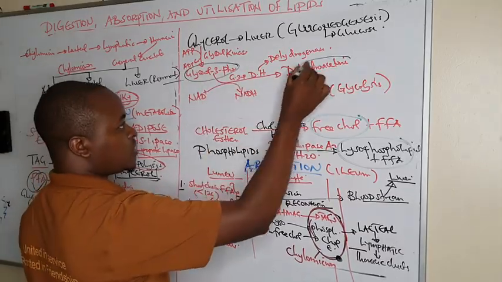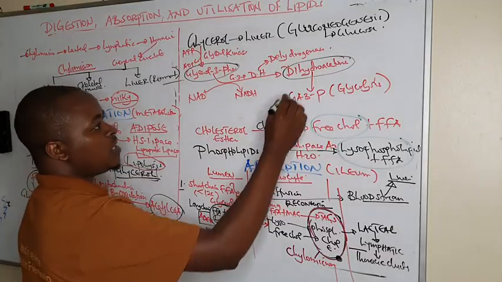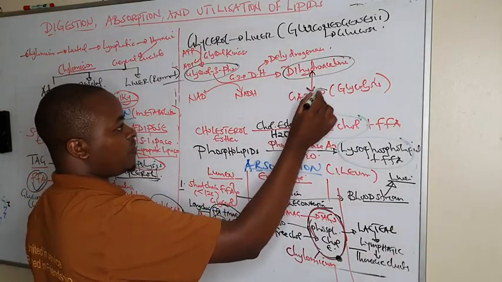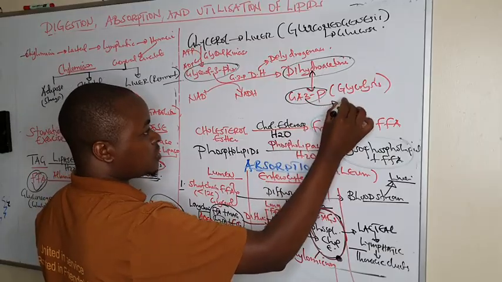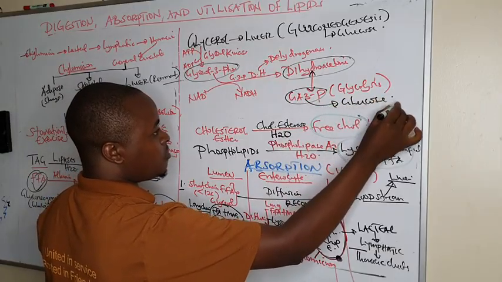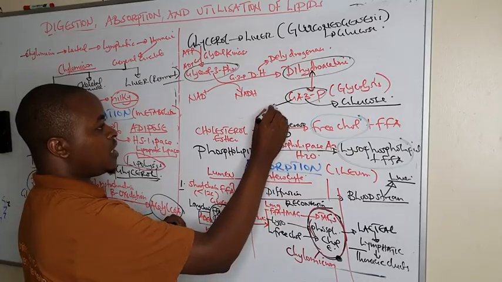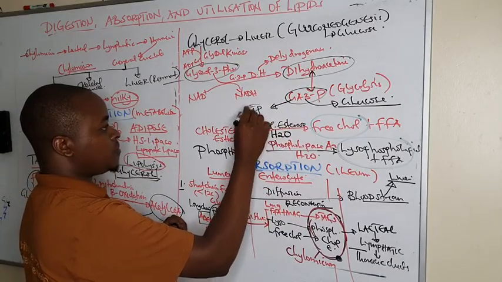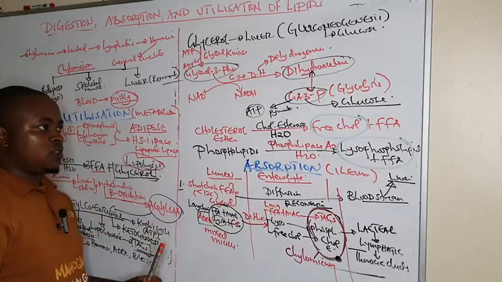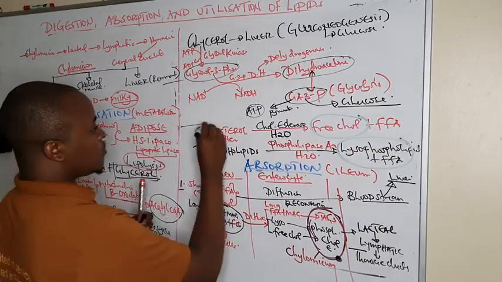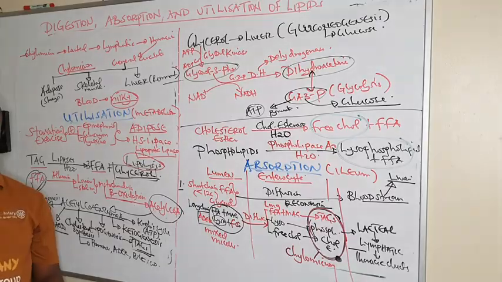And this dihydroxyacetone, which is an intermediate in glycolysis, can even be interconverted to glycerol 3-phosphate. And this can be used to produce glucose in the liver by gluconeogenesis, which we talked about here. Or we can use it directly to produce ATP, whereby we can convert it to pyruvate when there is immediate need of energy. So this marks the end of utilization of lipids in the body.